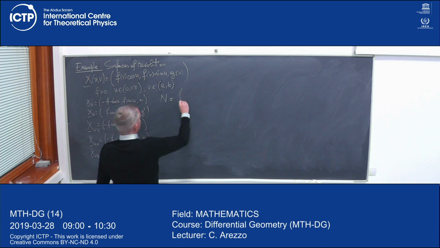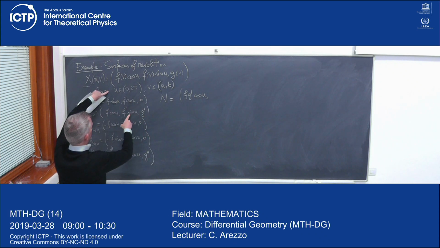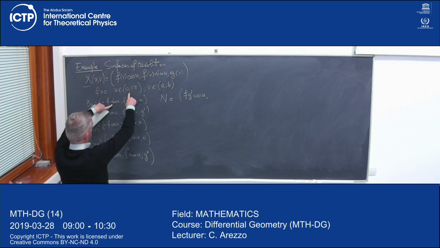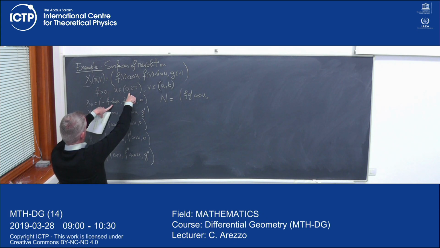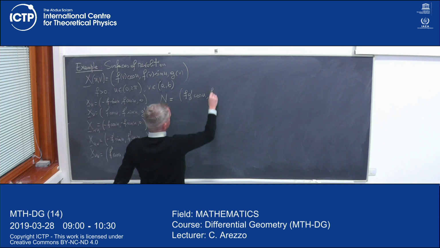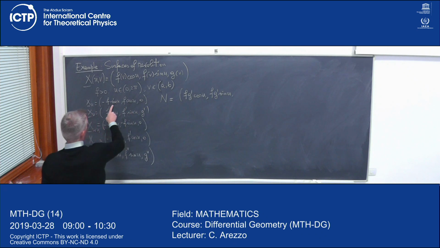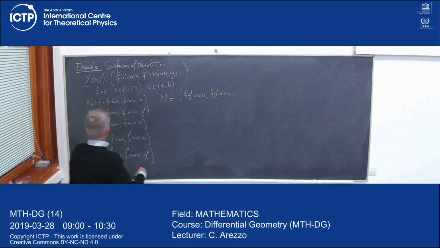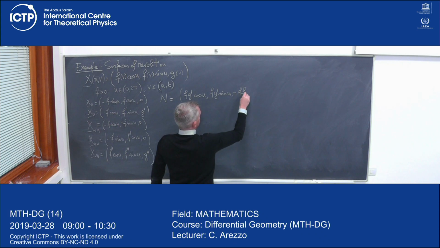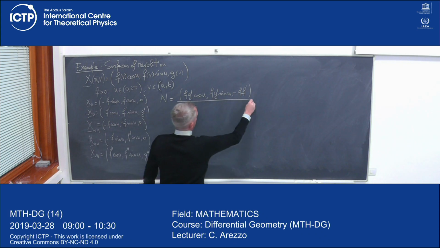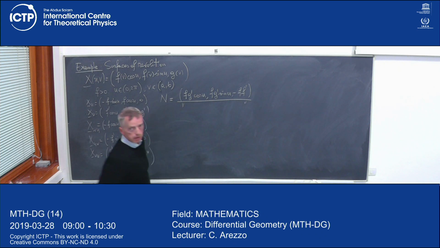So this becomes f g prime cos u, plus f g prime sin u, minus f f prime. And then everything is normalized. I don't even write what's on the denominator. It's the sum of the squares up to the power 1/2.